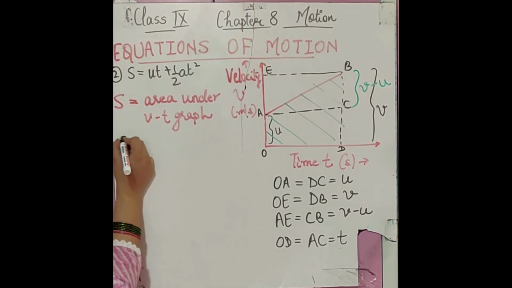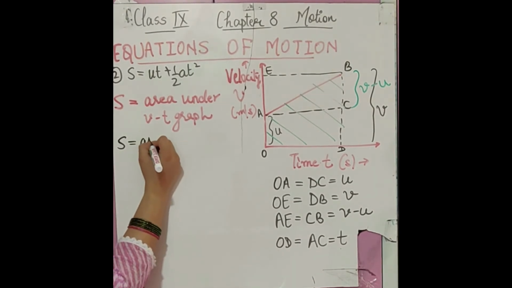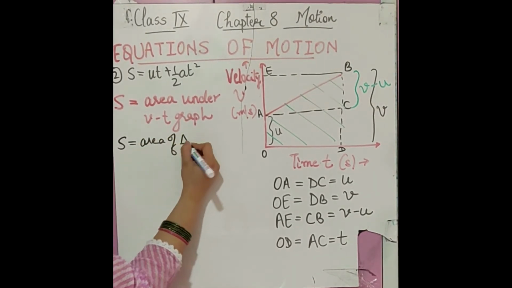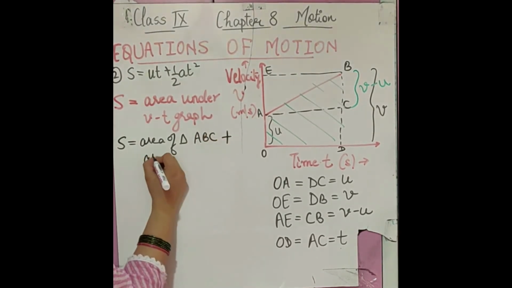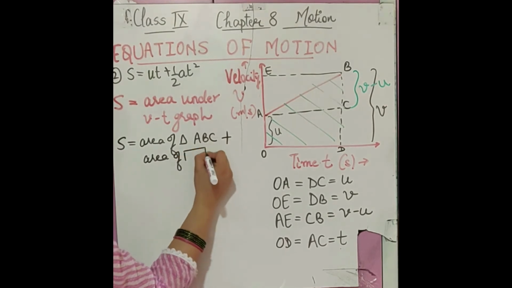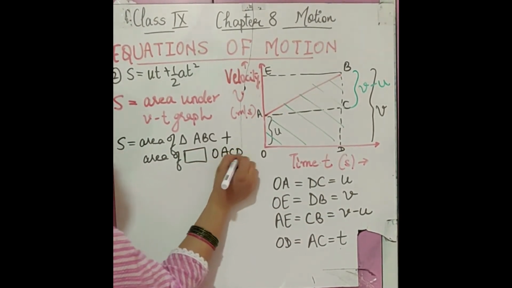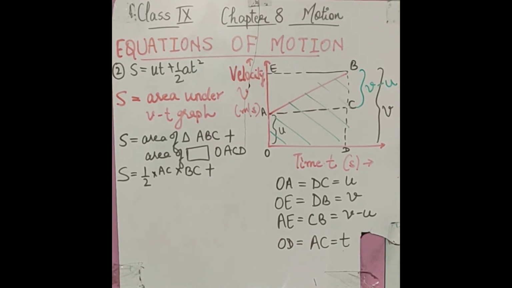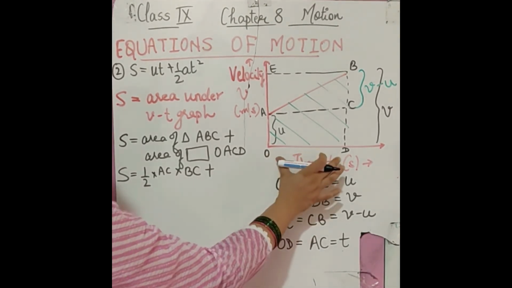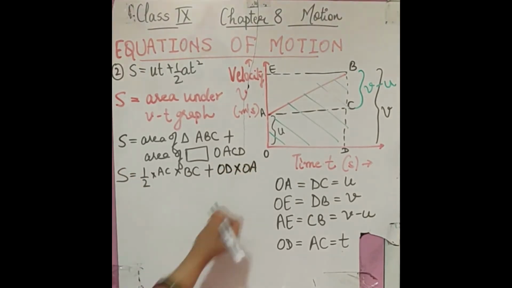So S is equal to area of triangle ABC plus area of rectangle OACD. So area of triangle is half, base is AC into height is BC, and area of rectangle is length into breadth. So length is OD, breadth is OA.